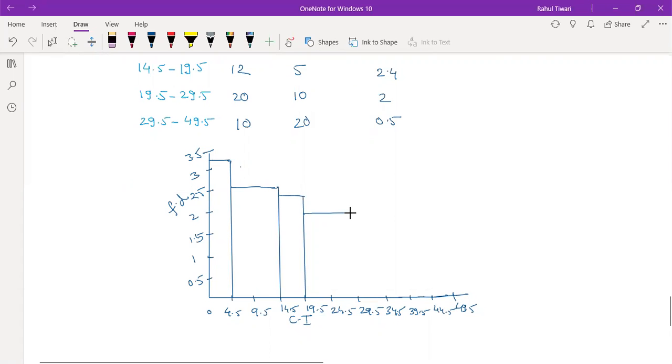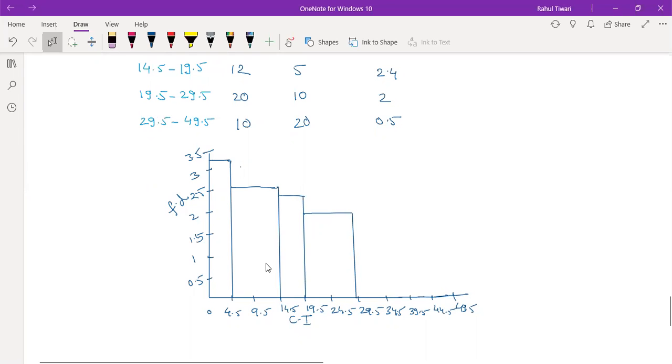This is on my system. I have to draw very carefully. Otherwise, my graph will not look like a graph. It will look like something else. So I have to work a little bit slowly, as it is not like a usual graph. Then 29.5 to 49.5.